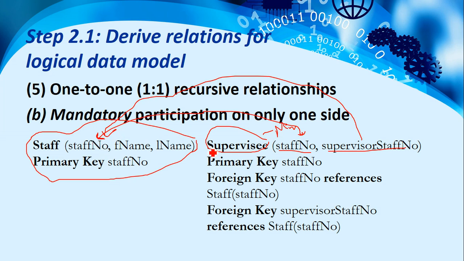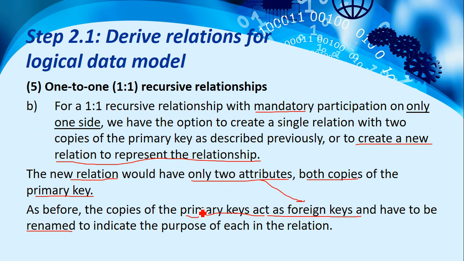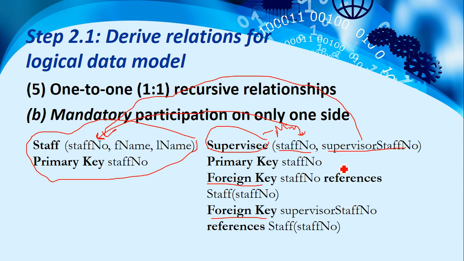And then we also have the following statements: staff number is a foreign key, and supervisor staff number is a foreign key, because the copies of the primary keys act as foreign keys. We renamed this one because it cannot have the same name, staff number, since we are not allowed to.